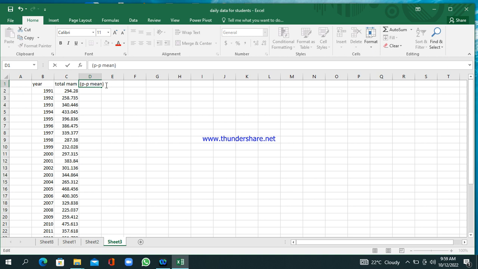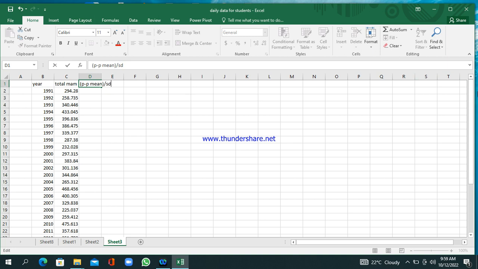This is the formula for the standardized precipitation index, to identify which year was dry condition and which year was wet condition.